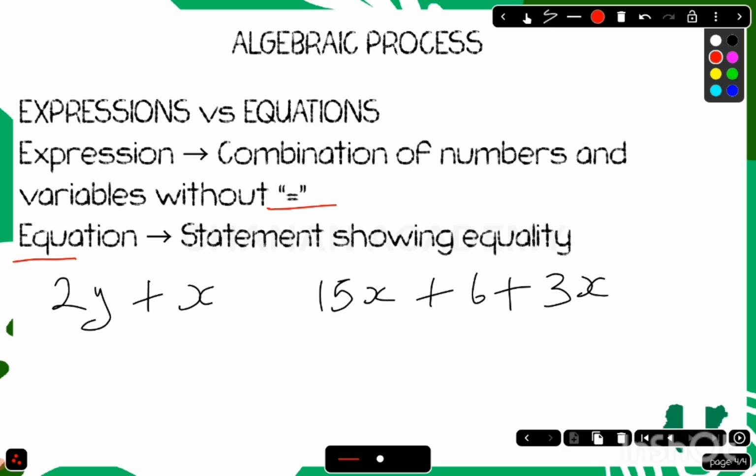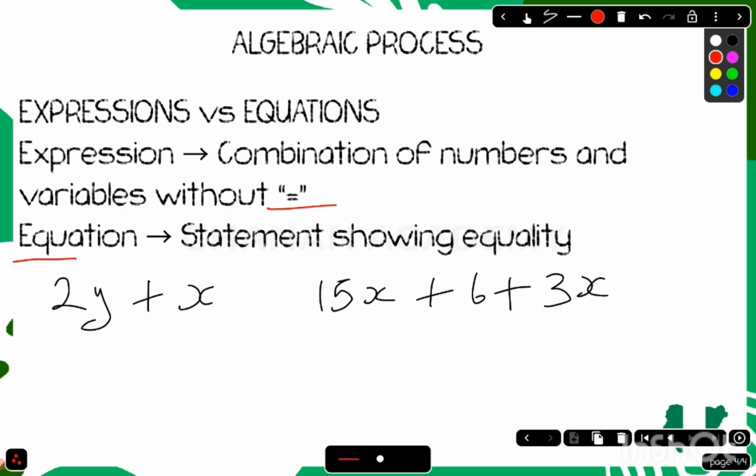So the difference is that the expression does not have the equal to sign, but the algebra equation has the equality sign. And remember, algebra expression can only be simplified to the basic minimum. While algebra equation, you can actually find the unknown in the algebra equation.